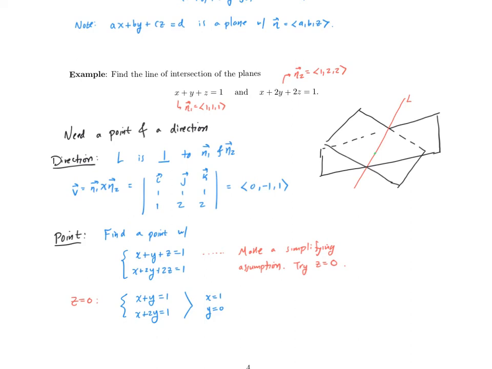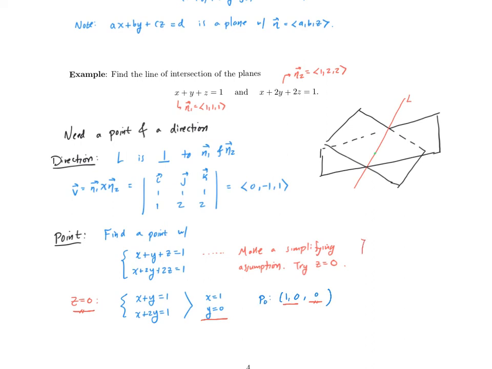And that gives us a point on the plane. x is 1, y is 0. And that x equals 1, y is 0 comes from what we came up with here. And then the z coordinate is going to be 0, going back to that simplifying assumption that we made. So a point on the plane is 1, 0, 0.